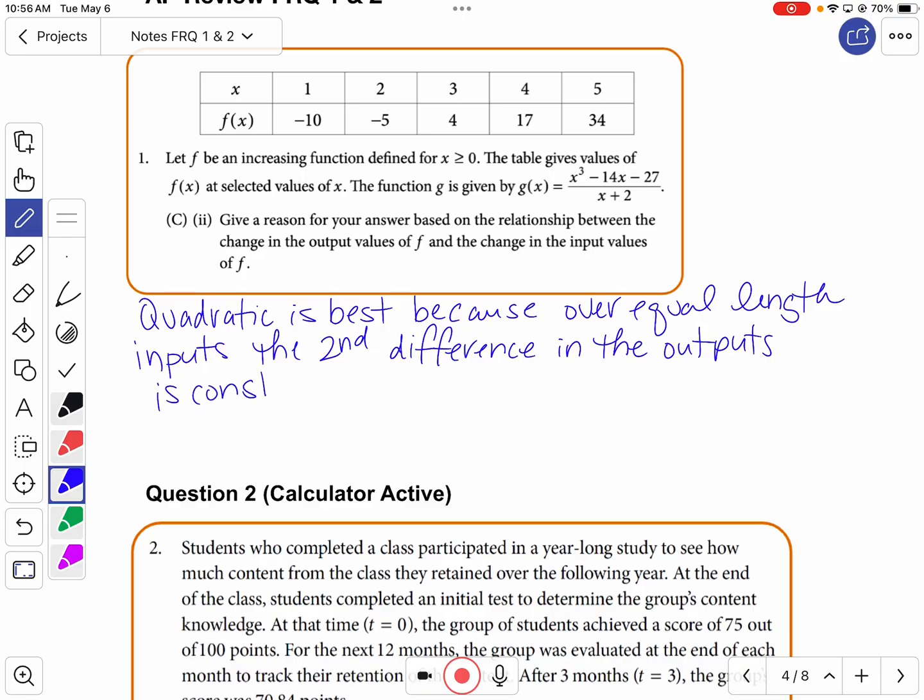So that's what they're going to be looking for. They're looking for all those crazy words. Quadratic is best because equal length inputs, they're going to look for that. Second difference in the outputs is constant.